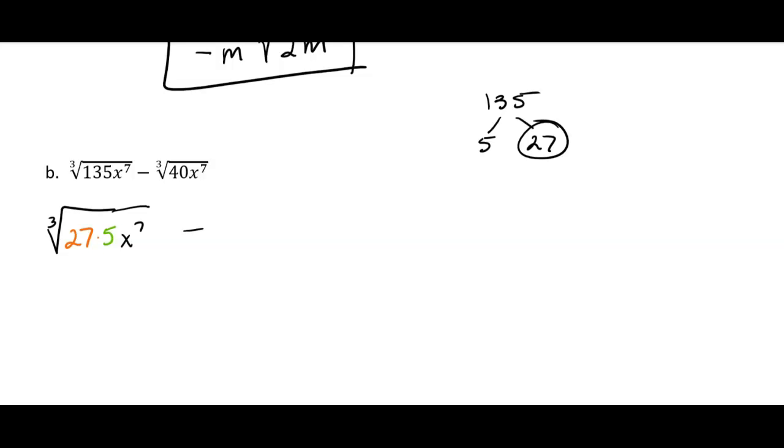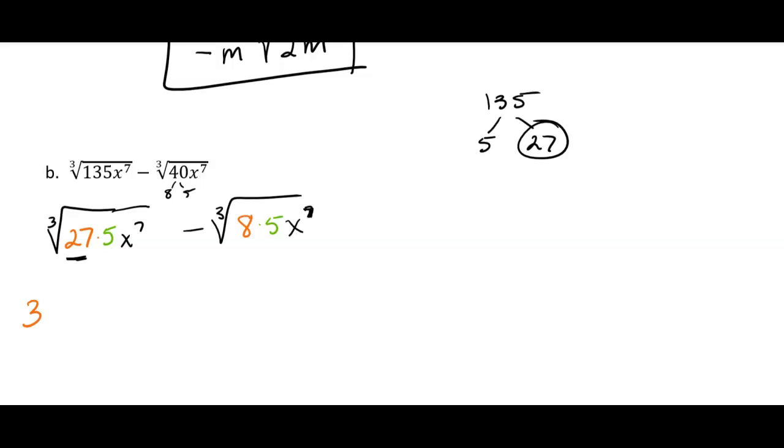Minus, okay, what about the 40? I'm thinking 8 times 5. So I'm going to say it's the cube root of 8 times 5, and then I still have that x to the 7th. Okay, so what's the cube root of 27? 3.